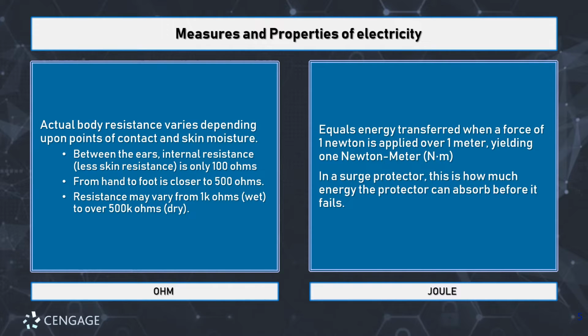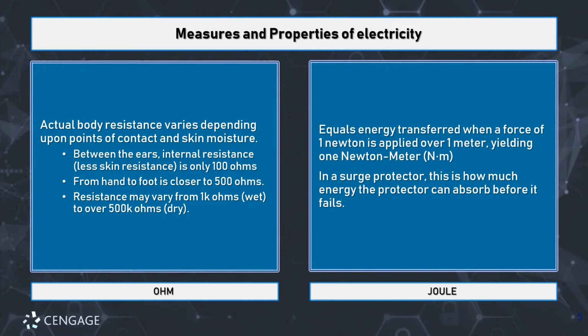So between your ears, the internal resistance, not including your skin, is only about 100 ohms, and this is because the fatty content of your brain and things like that has to be able to have a high level of conductivity, what we call hyperosmosis, to be able to transfer neural energy back and forth between synapses. From your hand to your foot, it's closer to about 500 ohms.